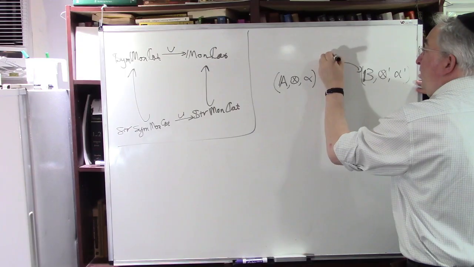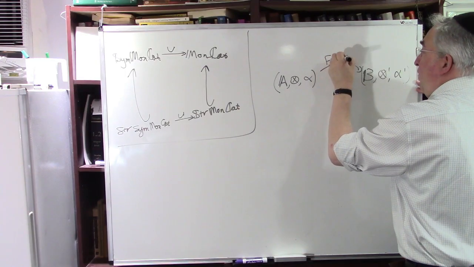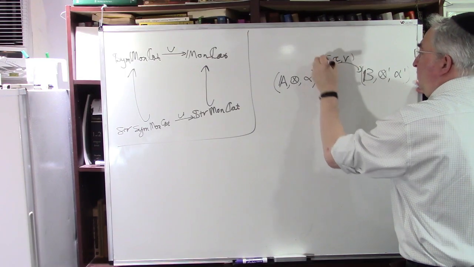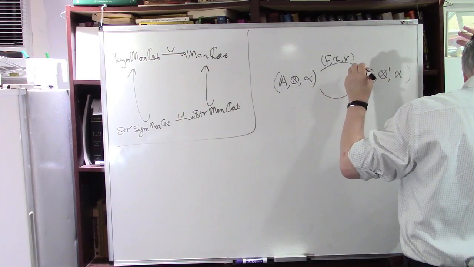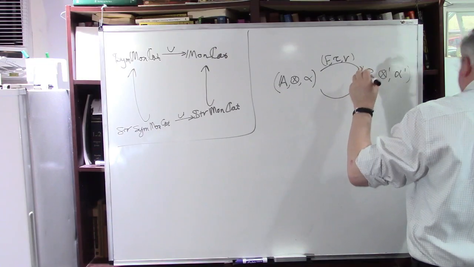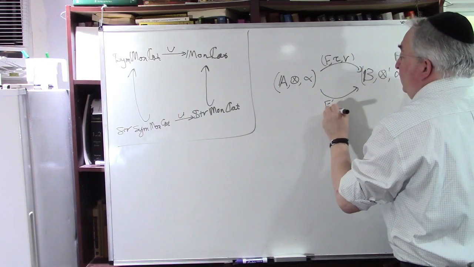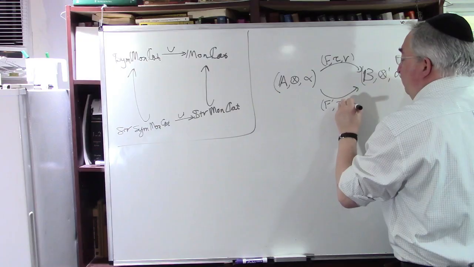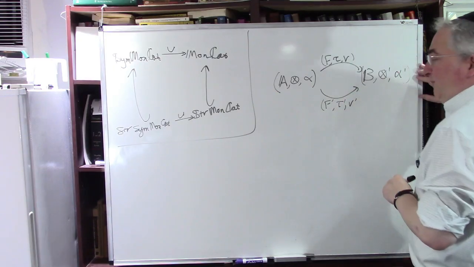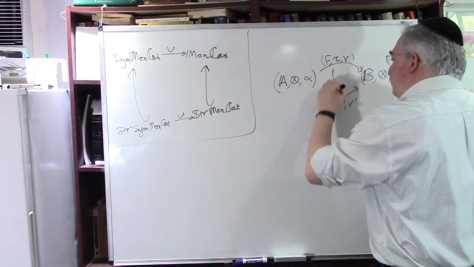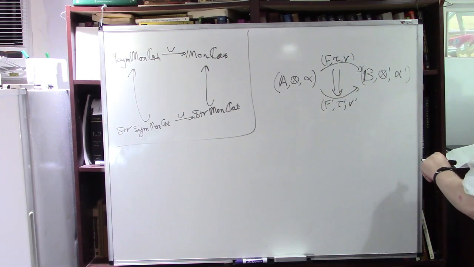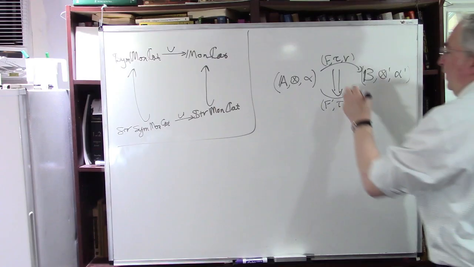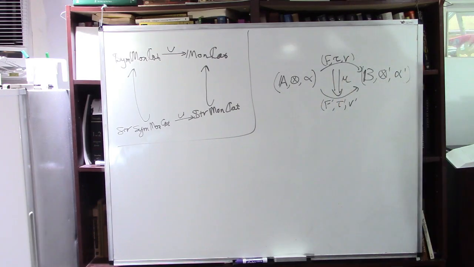You have F, tau, V. That's one monoidal functor. You have F prime, tau prime, V prime, another monoidal functor. Guess what? Natural transformation. And here is mu. Okay, so that's a natural transformation.